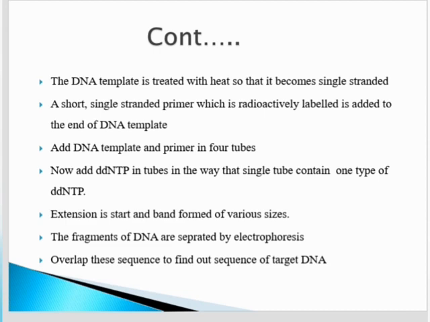A short single-stranded primer, which is radioactively labeled, is added to the end of the DNA template. Add DNA template and primer in 4 tubes. Now add ddNTP in the tubes in such a way that a single tube contains one type of ddNTP. Extension starts and bands of various sizes are formed. The fragments of DNA are separated by electrophoresis. Overlap these sequences to find out the sequence of the target DNA.